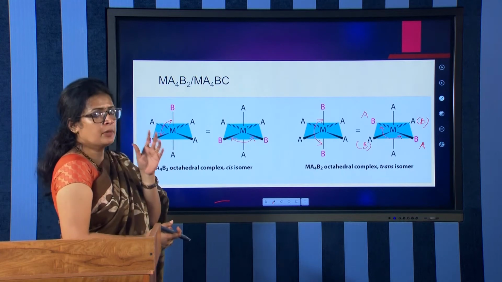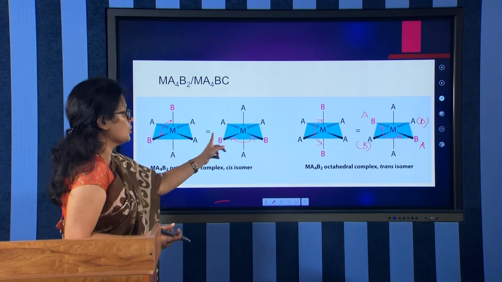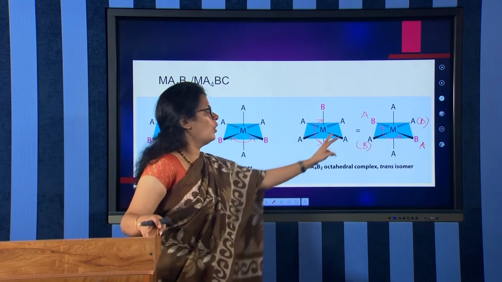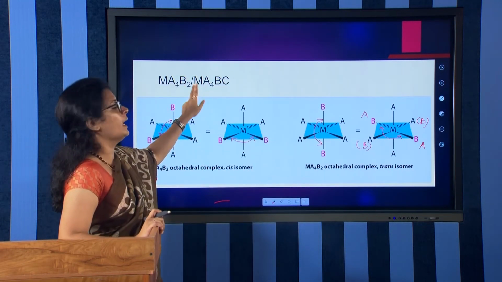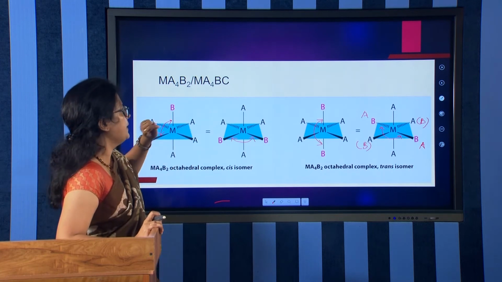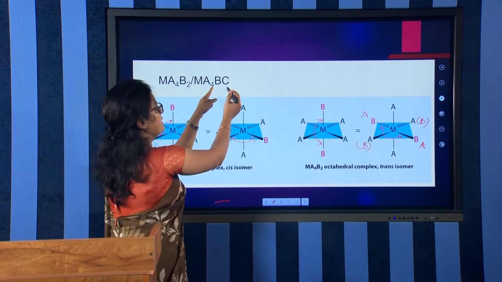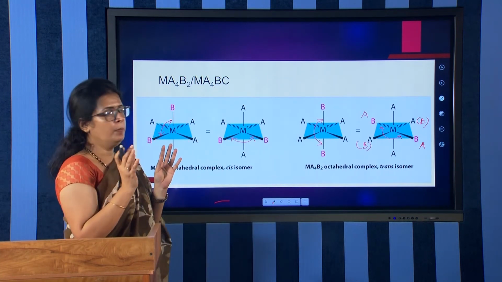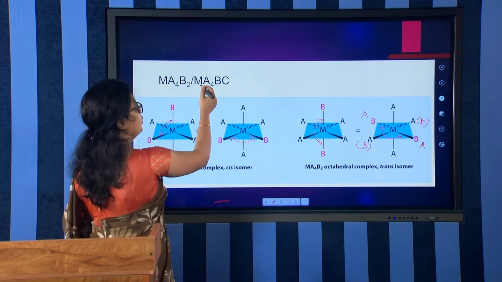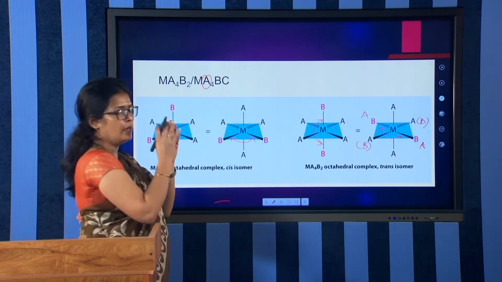Cis form means similar groups on the same side, these two, and trans means similar groups on the opposite side like this. The similar situation will be with MA4BC type. B and C are not similar groups, but when compared to this A4, they are somewhat different.